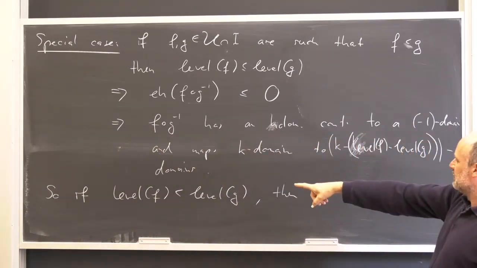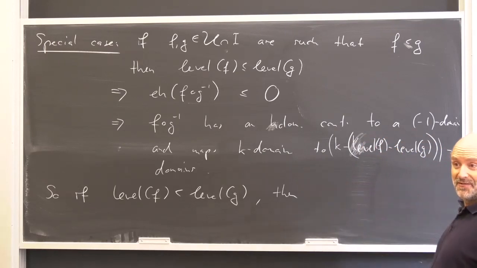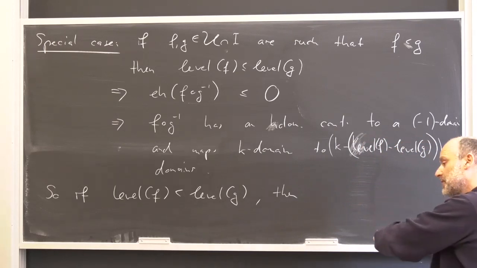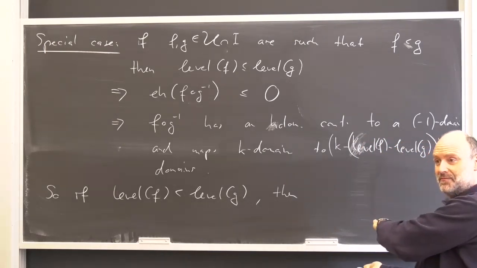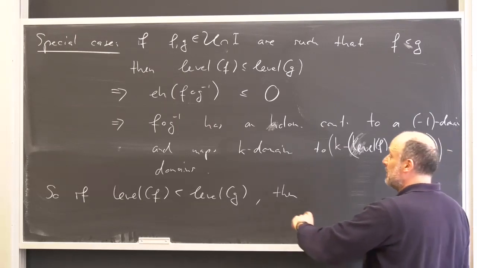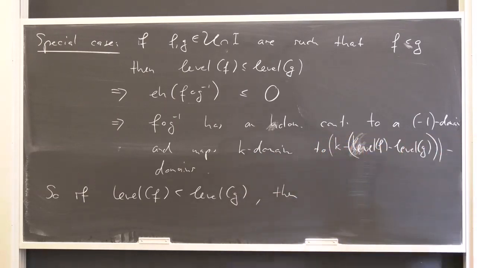Well, then it will map zero domains to at most one domains. So one domains are domains whose boundary function already goes to zero. So in other words, as germs, it will map any zero domain into any zero domain, particularly into any standard quadratic domain.